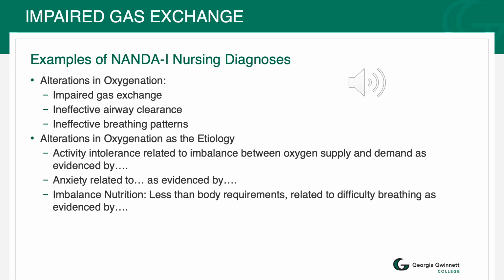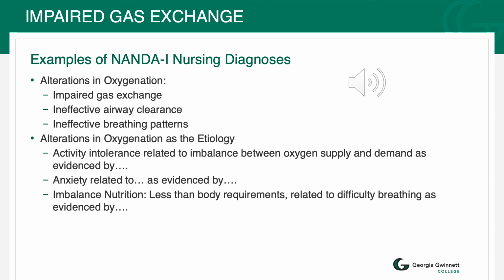So pay attention to these diagnoses, get it straight in your head, the difference and the pathophysiology behind all three of them. You can also have alteration in oxygenation as your etiology, as evidenced by these three examples. These are by no means all-inclusive, but I wanted to give you an idea of how alterations in oxygenation can be the cause of other issues.